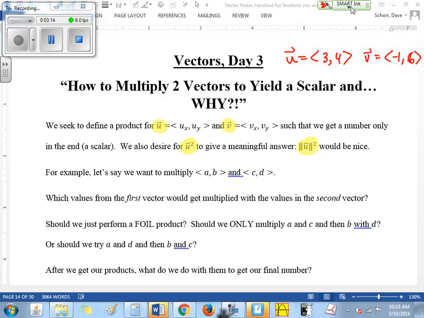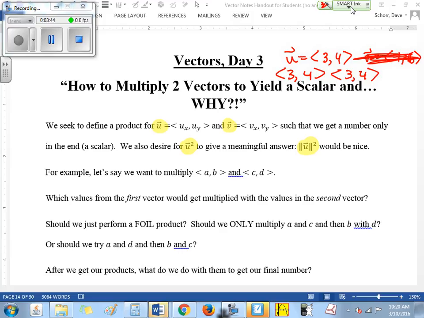Well, we'd like the answer to be meaningful. Taking v out of the picture, it'd be really nice if multiplying u times its own self could somehow give us something meaningful. It would be nice maybe if it just came out to 25, which is 5 times 5, since those are the magnitudes.